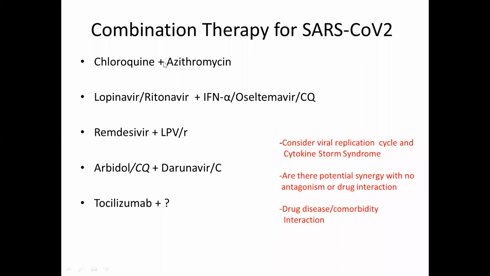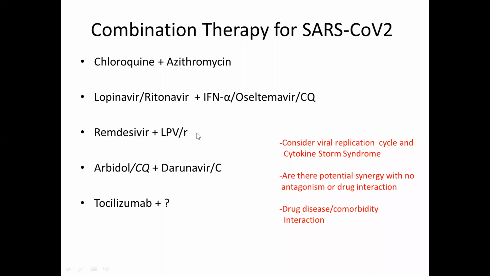We've mentioned lopinavir, used with interferons, which are broadly antiviral, used with chloroquine. Oseltamivir has also been tried in this combination, but we said it's docking. It's not as efficacious in COVID virus. Remdesivir and lopinavir, both antiviral.